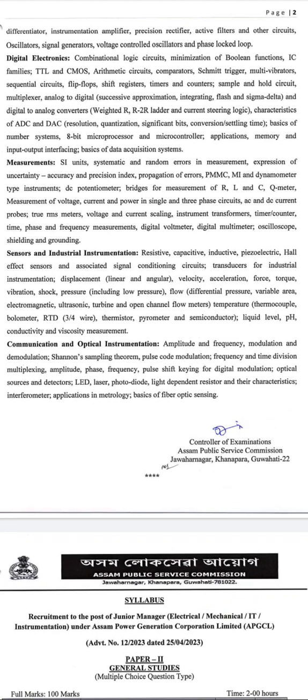Sensors and industrial instrumentation. Under these: resistive, capacitive, inductive, piezoelectric, Hall effect sensors, and associated signal conditioning circuits.